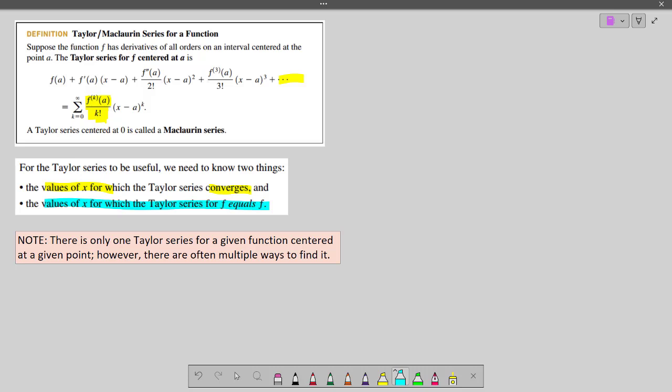But there is a leap to actually show that the Taylor series is equal to the original function. So when we have f equals sine of x, or e to the x, or cosine x, and we take all those derivatives and build that series, that doesn't necessarily guarantee that the series is identically equal to the function.